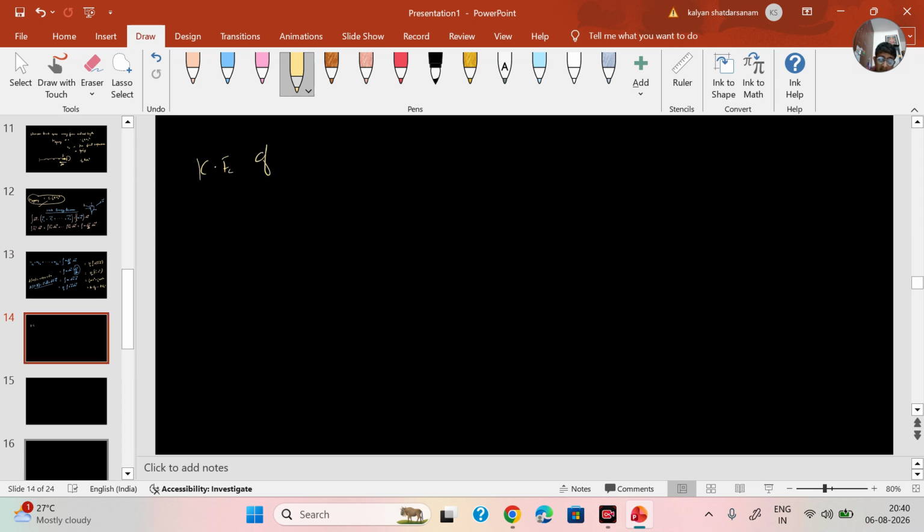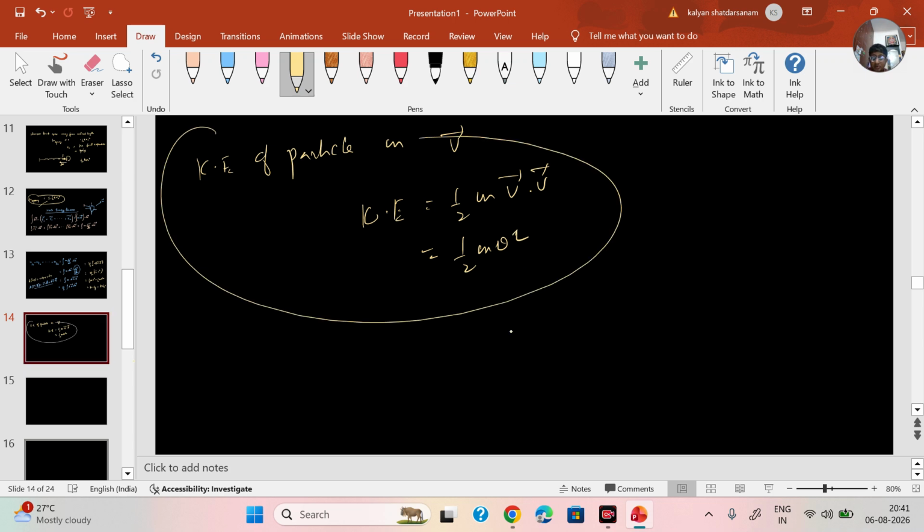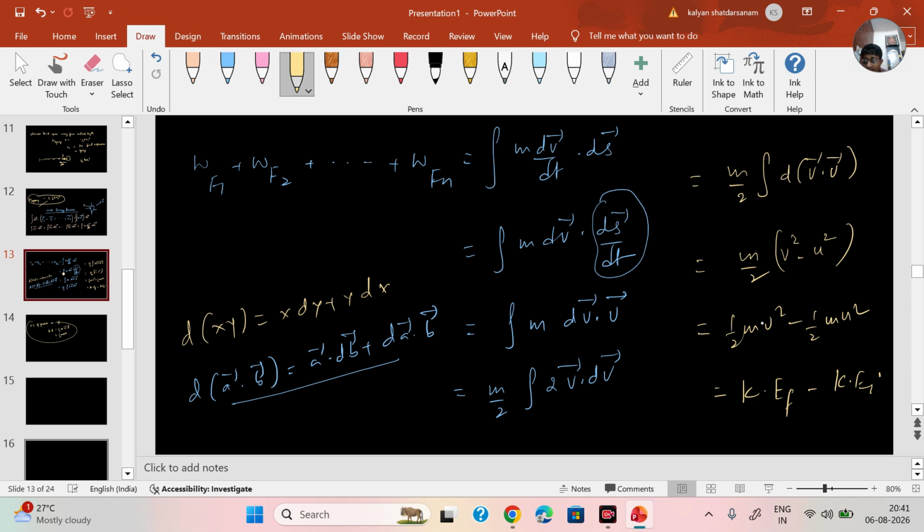That's the definition. So I'm bringing out a new definition here. Kinetic energy of a particle of mass m going with velocity v is defined as half m v dot v, but v dot v is v square, so you can write half m v square. This is the definition of kinetic energy. Okay, so here if you go back, you have half mv square, that is final kinetic energy, half mu square initial kinetic energy. So what did I prove ultimately?